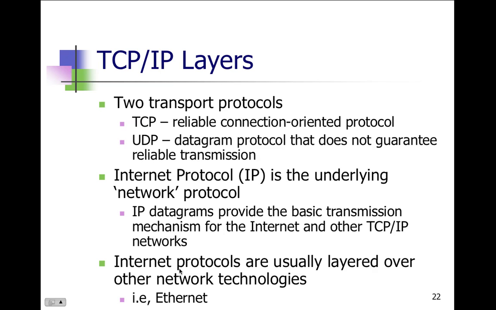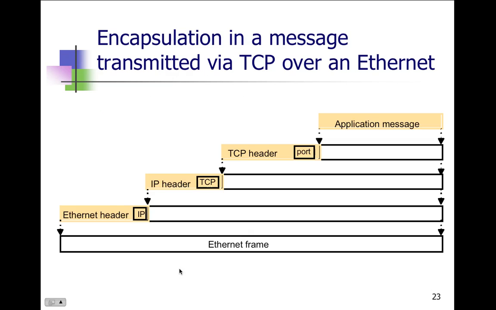It has Ethernet underneath, or another protocol. It doesn't need to be Ethernet. It's giving us our frame packet for Ethernet headers, and then we have our TCP IP header packet, and then we have our TCP packet or port that's being used associated with the header of the messages themselves.